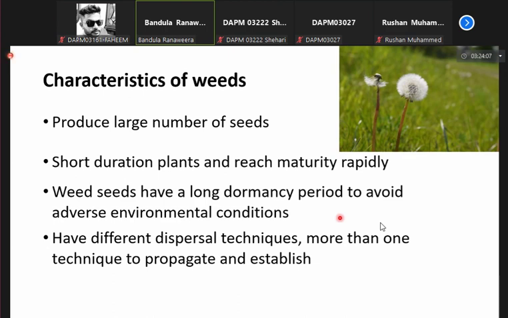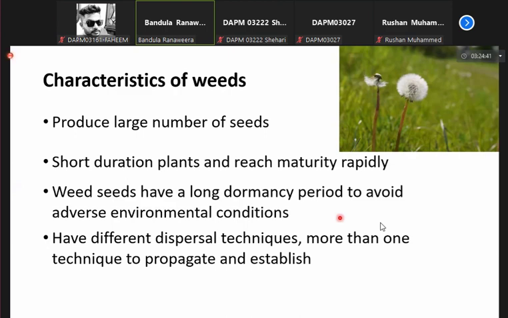So the seed will have a long dormant period, and it will go through the hard times, adverse environmental conditions. Because of that, they are very persistent, we call. That means they are long-term surviving in the place of dissemination.